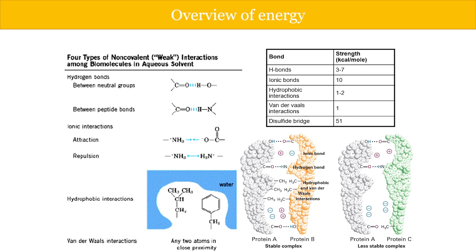And these interactions have different strengths in kilocalories per mole. Like you see, hydrogen bonds have a strength of around 5 kilocalories per mole, ionic bonds around 10, hydrophobic interactions 2 kilocalories per mole, van der Waals interactions 1 kilocalorie per mole, and then you have covalent bonds like the disulfide bonds that are around 51 kilocalories per mole.